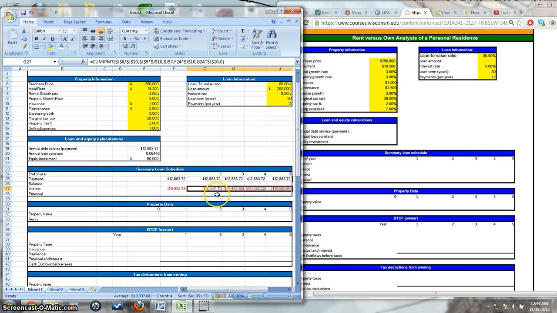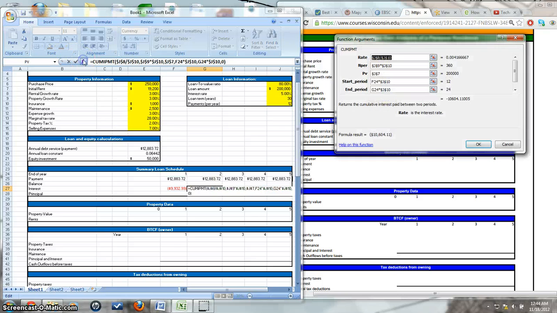Now, one thing to look at is that the interest you're paying should be going down every year. As you can see here, the interest is going up. It's not how it's supposed to work. So you just have to look through, and I'll give you a little bit of troubleshooting in Excel.